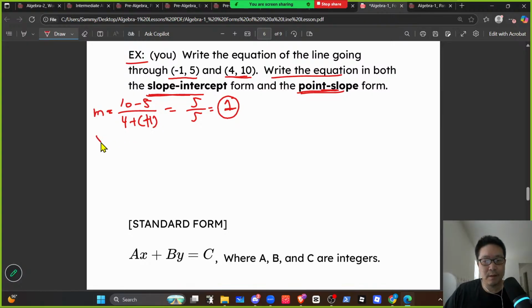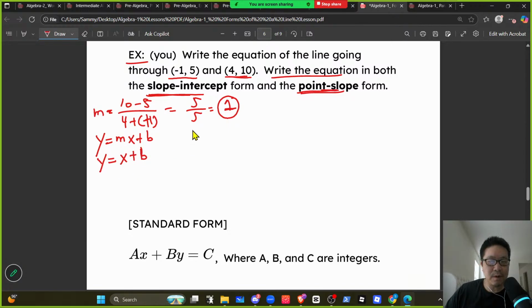Sometimes people do this. I know my slope intercept form is y equals mx plus b. I know my slope. It's 1. So I can write the equation as y equals x, because slope is 1, plus b.